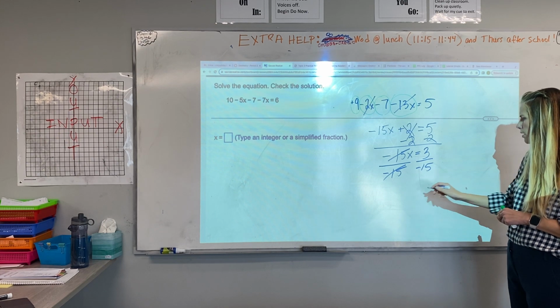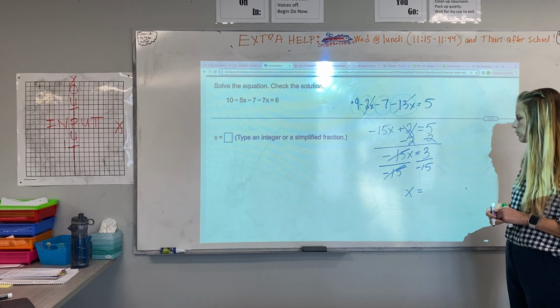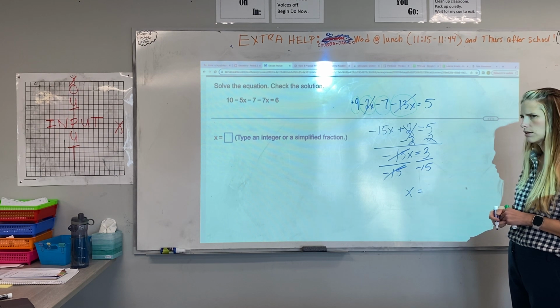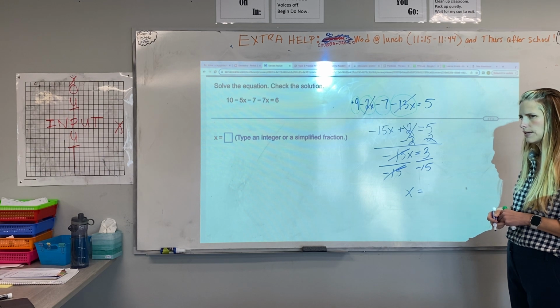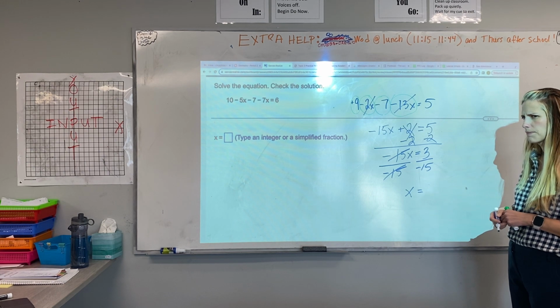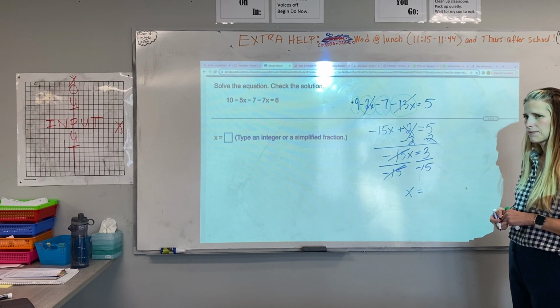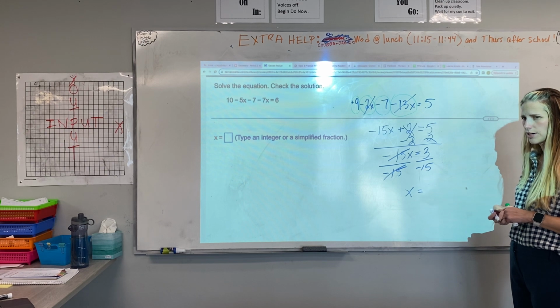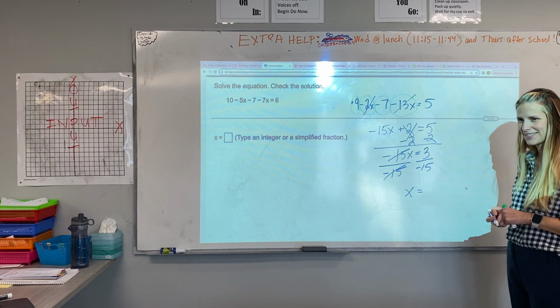Really? How does x equal negative 5? If I put in 3 divided by negative 15, I get 0.2. So are you going to base your answer on which one gives you a nicer number?